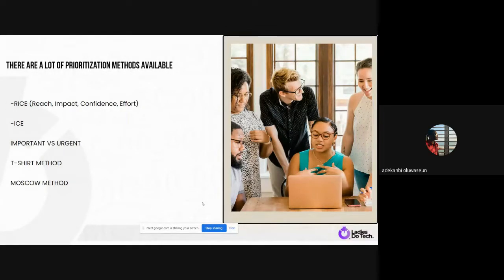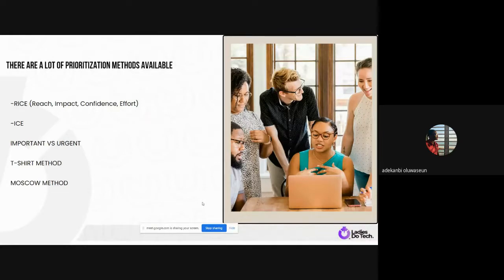All right. So we have so many techniques. There are so many prioritization techniques that you can use, right? You have the RICE method, and by RICE I don't mean rice and beans or something. I'm talking about reach, impact, confidence, and effort, right? If you research this, you see how it works.